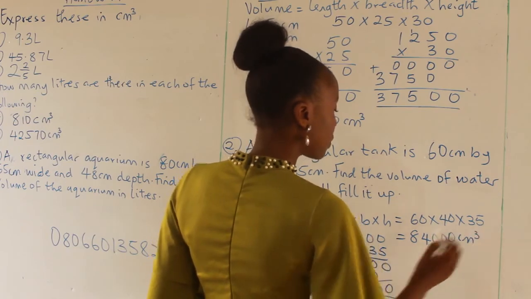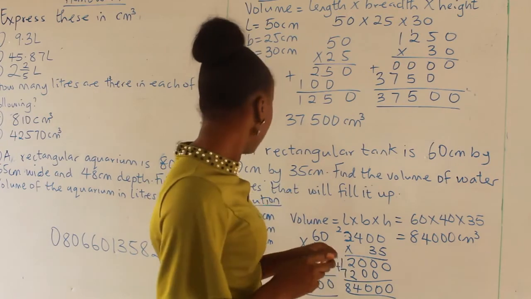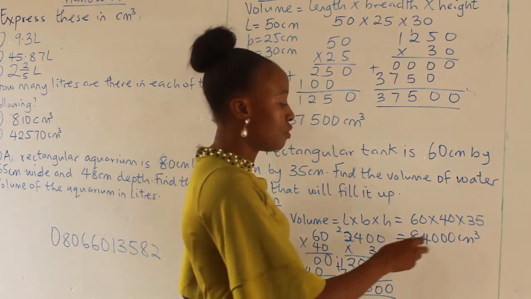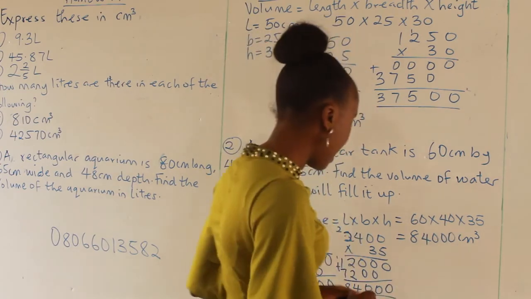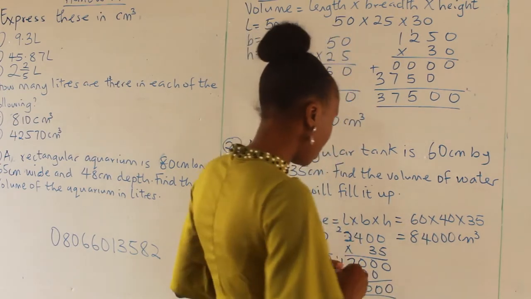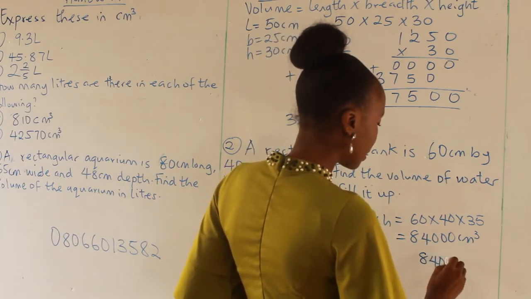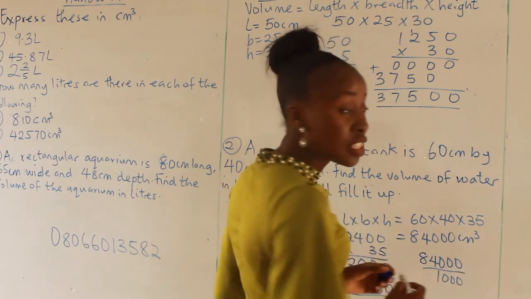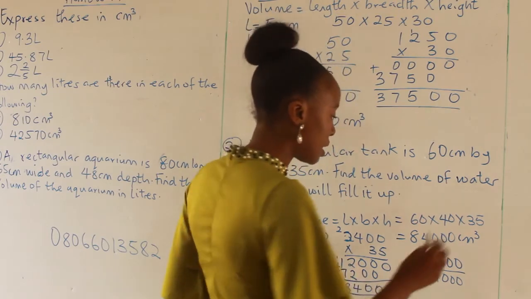cm cube. And remember, the question says find the volume of water in liters. So we're expected to change 84,000 cm cube to liters. And to do that, we divide 84,000 by 1,000, because that is the relationship between cm cube and liters.